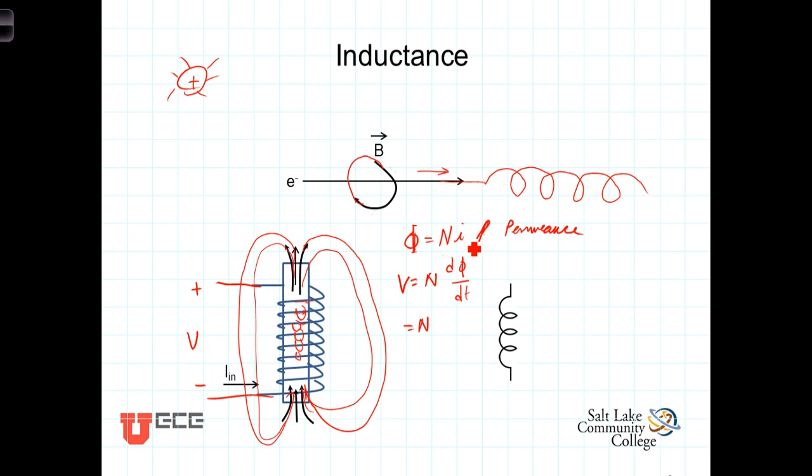The only thing that can change is the current, and so we get N times rho times di/dt. These terms are constants and are parameters of the physical construction of the coil, and we lump those all together in what is known as the inductance of this coil. And we get then that V is equal to L times di/dt. That expression we're familiar with.